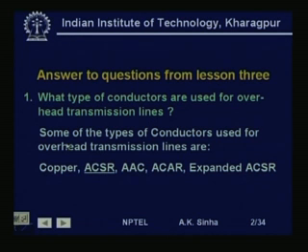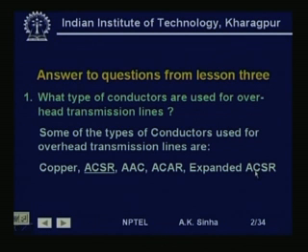Well, some of the types of conductors used for overhead transmission lines are copper conductors, which is very rarely used nowadays, ACSR, that is aluminum conductors, steel reinforced conductors, then all aluminum conductor or AAAC conductors, or expanded ACSR conductors which are used.